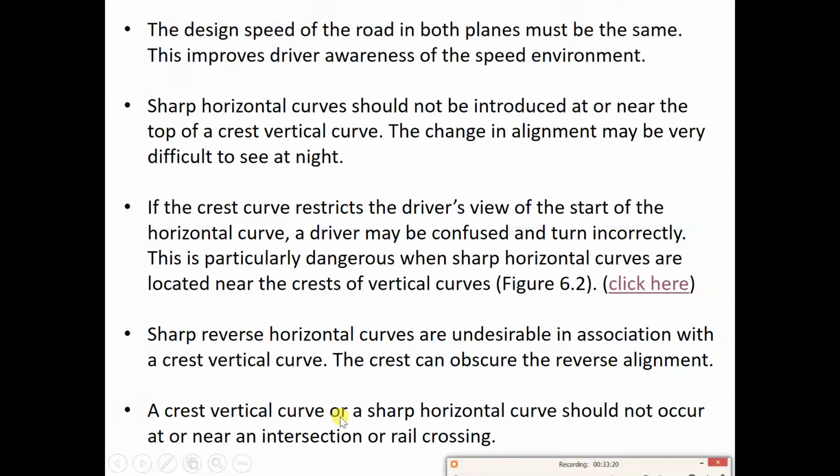If after going over the crest there's an intersection, you might not be able to stop soon enough. Or if you have a sharp horizontal curve and then there's a railway crossing, it's probably a bit too hard for you to stop as well.